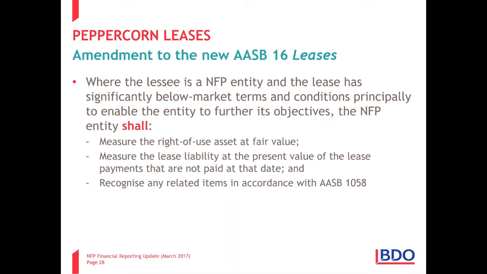If this lease is with an owner, then, as in our previous example, it could go to a contribution by an owner. But often it's an unrelated party that would like to further your objectives, and often it's an immediate profit and loss impact, immediate income in the statement of profit and loss and other comprehensive income.